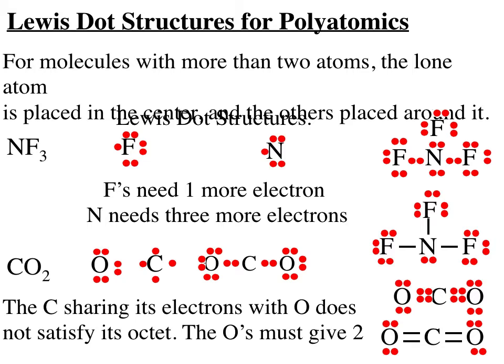Likewise, this is why the F's connect singly to the N individually and don't connect in a line, N, F, F, F, something like that, because F is a column 17 element, which is a 7 Lewis dot structure for F. F's each need 1 more electron, and even though F is more electronegative than N, it's not that much more electronegative that it can yank the electron loose to make an ionic bond.